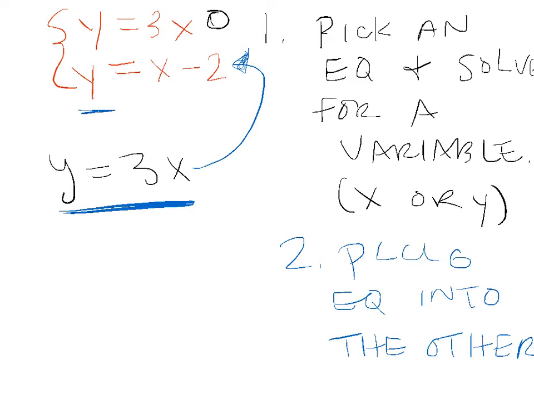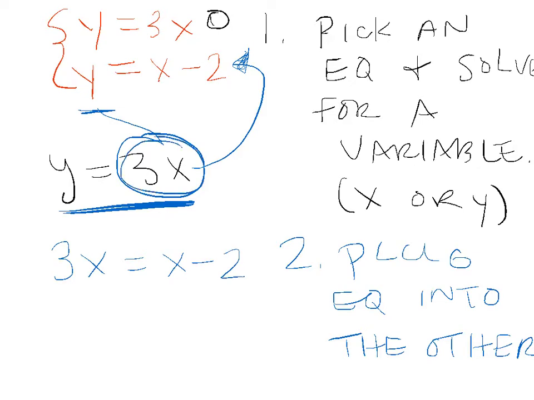I've got y here, and y is equal to 3x down here. So now I've got 3x equals x minus 2. All I did is I took this 3x and I substituted it in for y in the second equation. So we're left with 3x equals x minus 2.